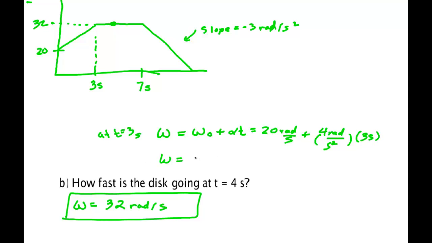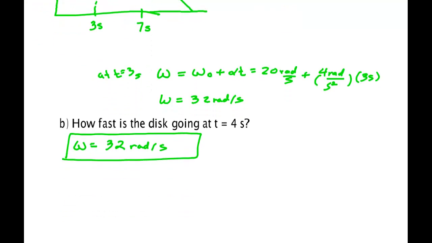So omega is 32 rad per sec. That's basically what I did anyway. I just started here and said, hey, the slope is 4. I go over 3. If the slope is 4, I have to go up 12. So the rotational kinematic equations are just the same thing as I talked before about getting the information from a graph. It stays at that speed all the way out to 7 seconds.